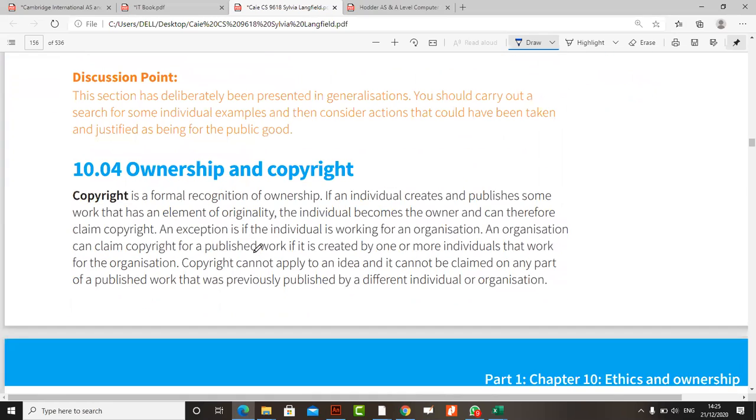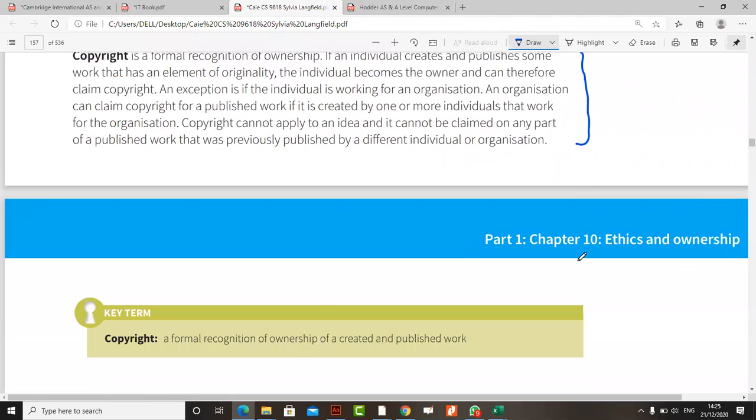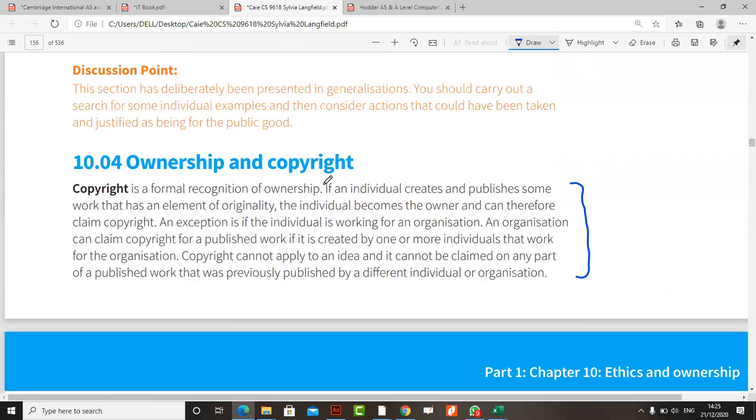So, ownership and copyright. Well, you have probably studied this before in your O levels, if you've done CS or IDCT, that this was something known as your Copyright Act 1998, or it was also known as your Data Protection Act 1998, which basically helped the person who had made a website, who had displayed the content online in a blog or a software piracy, whatever.